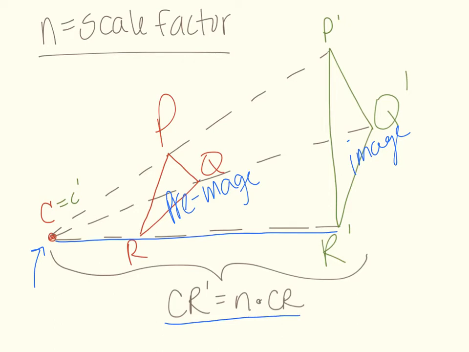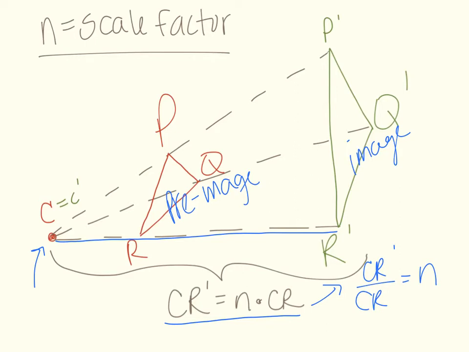So if I were to rearrange that equation, I would divide both sides by the length of CR, and n, the scale factor, is the length of CR prime divided by the length of CR.